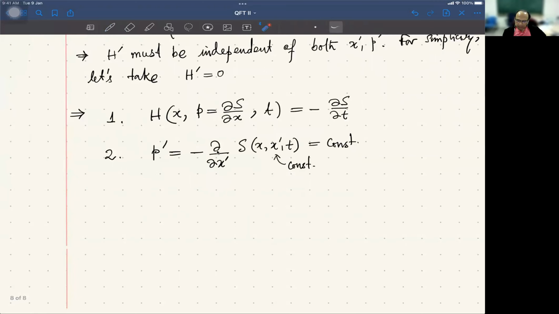Now this second equation writes p prime in terms of x, x prime and t, and therefore it can be inverted to write x as a function of x prime, p prime and t.